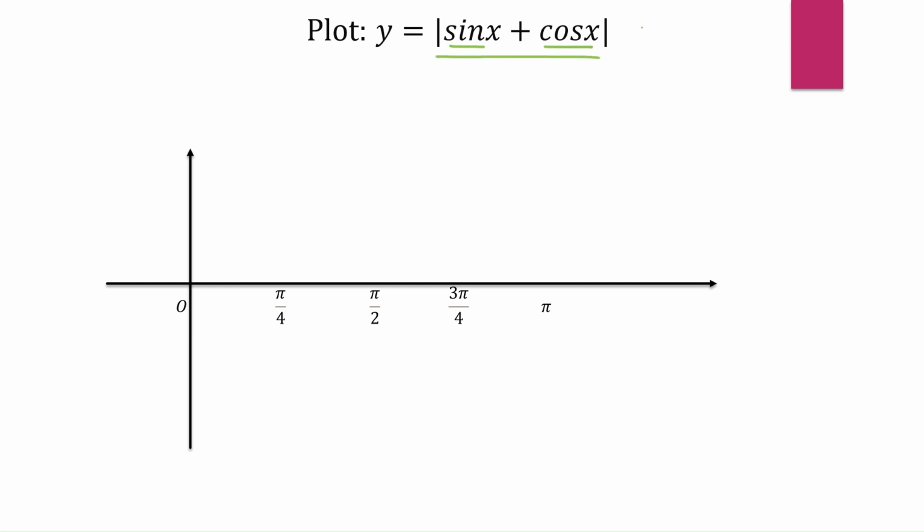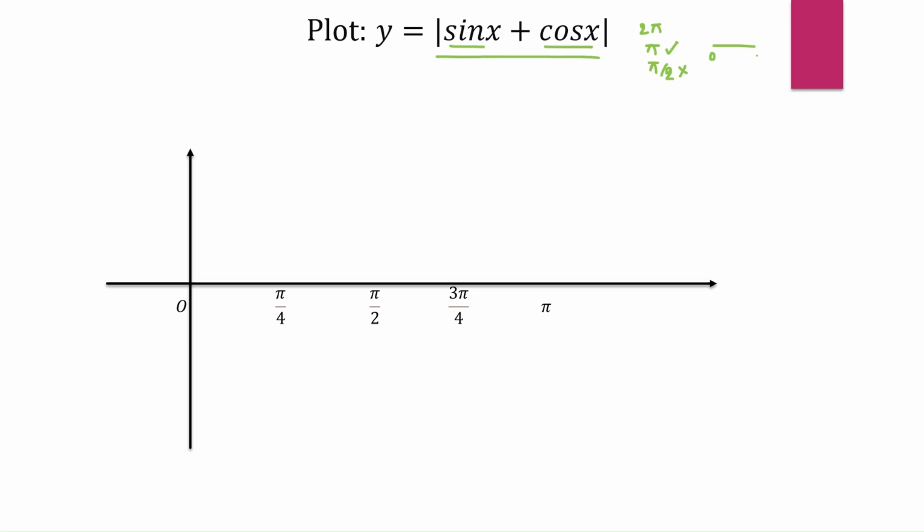We can see that 2 pi is a period, and pi also satisfies, as sin of x plus pi is minus sin x and cos of x plus pi is minus cos x; we can take the minus common, and since it is inside the mod, it will always be positive. If I check for pi by 2, sin of x plus pi by 2 is cos x, and cos of x plus pi by 2 is minus sin x, so this doesn't satisfy the period. So pi is the period. That means the function y repeats between 0 and pi.